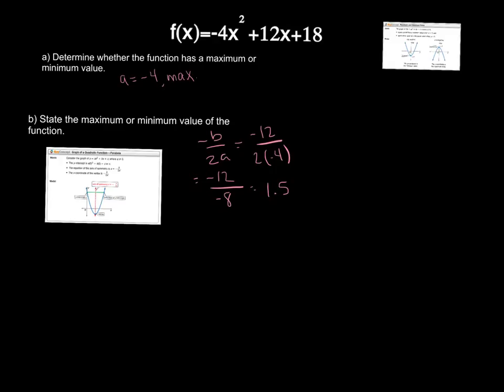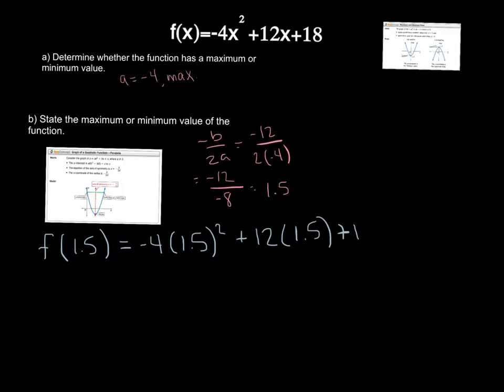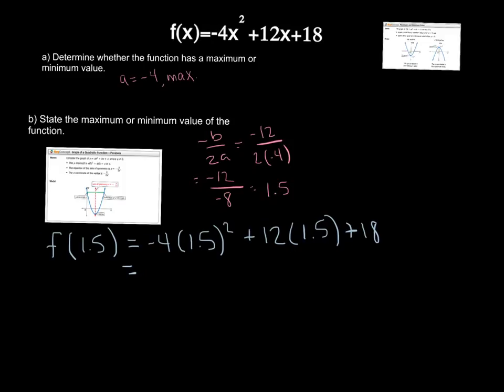So we have f of 1.5 equals negative 4 times 1.5 squared plus 12 times 1.5 plus 18. Alright, we're going to get a negative 9 plus 18. 12 times 1.5 gives you 18, plus 18.